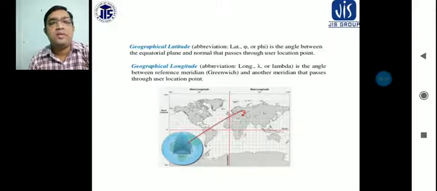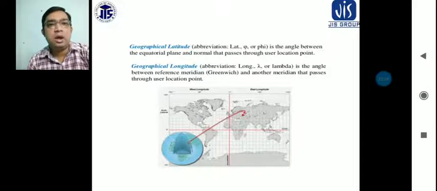Suppose the different types of geographical latitudes will also be given, with different abbreviations. The letter phi is here, which is the angle between the equatorial plane and the normal that passes through the user location point.